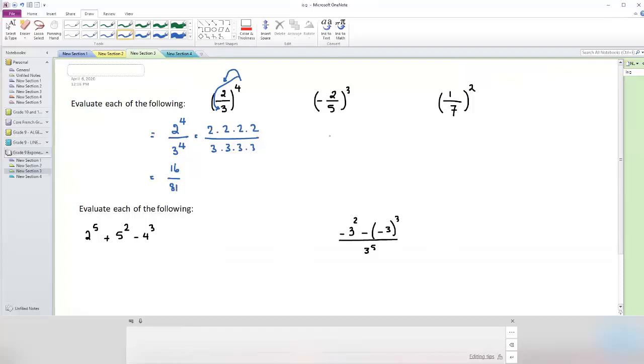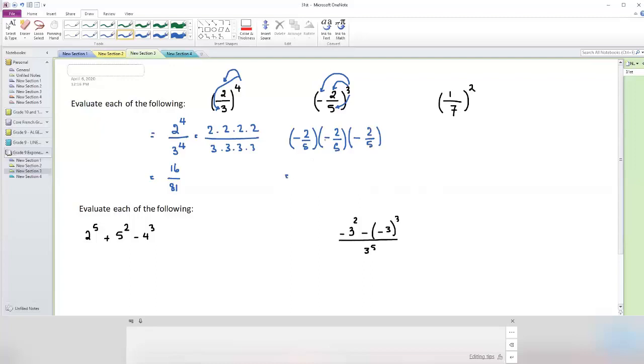The same thing here, but be careful. The 3 affects everything, the negative, the 2, and the 5. That means I take the whole thing, negative 2 over 5, and repeat it 3 times. So negative 2 over 5 will be my base, and I repeat it 3 times because it's exponent 3.